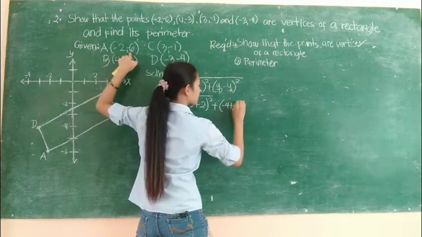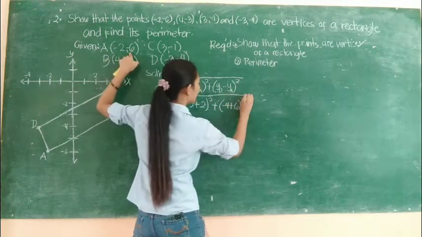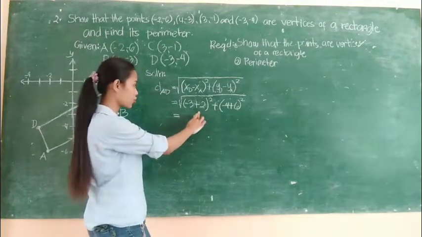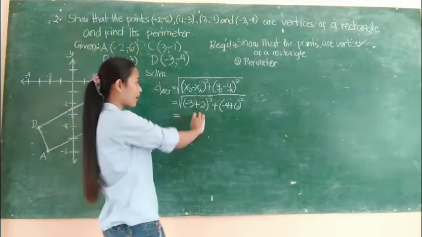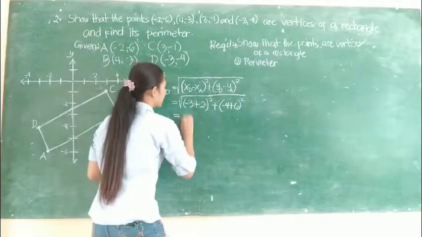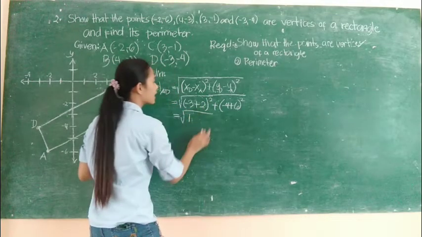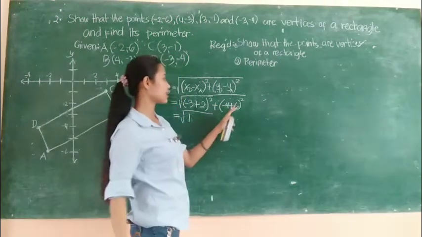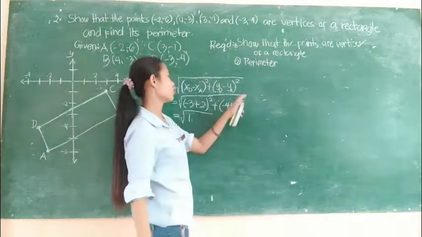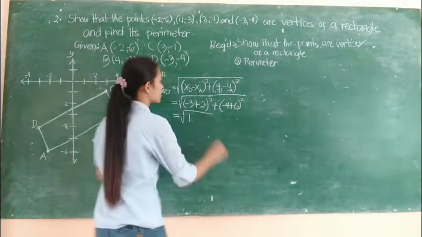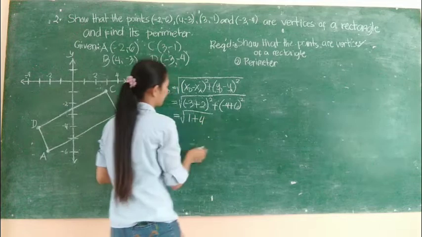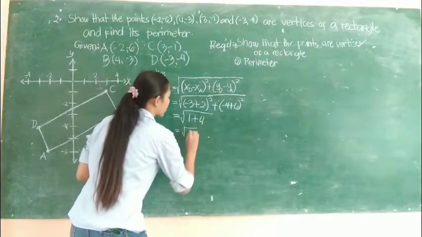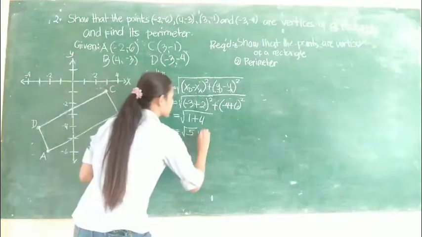So, plus 6. Equals to negative 3 plus 2, negative 1 squared. So, 1 plus negative 4 plus 6 is 2. 2 squared, 4. 1 plus 4 equals to square root of 5.